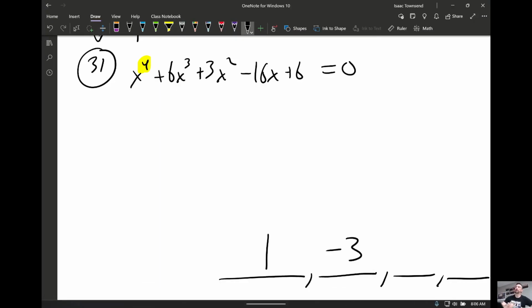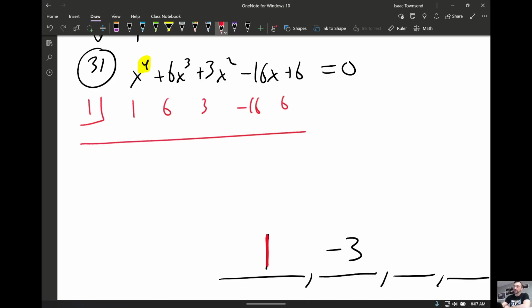So our calculator has outlived its usefulness. So how in the world are we supposed to get the last 2? Very good. If we divide out one of these, we can get it from a 4th degree to a 3rd degree.